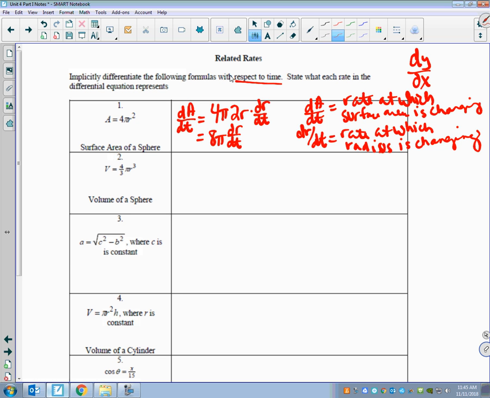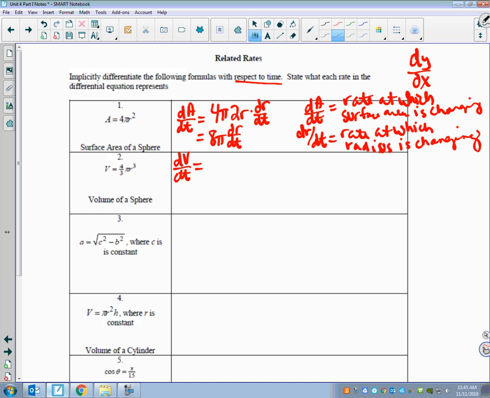Okay, so volume of a sphere, kind of the same idea. If I'm going to take the derivative of V, oh, it's broken. Okay, let's see if I can get this to work. If I take the derivative of V, that would be dV over dt, right?